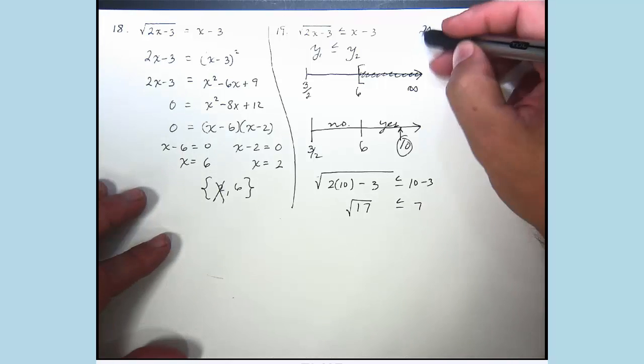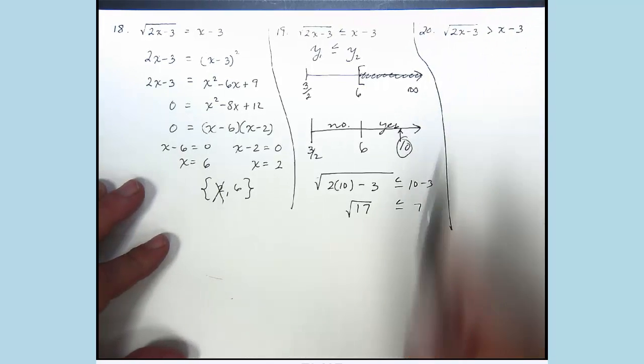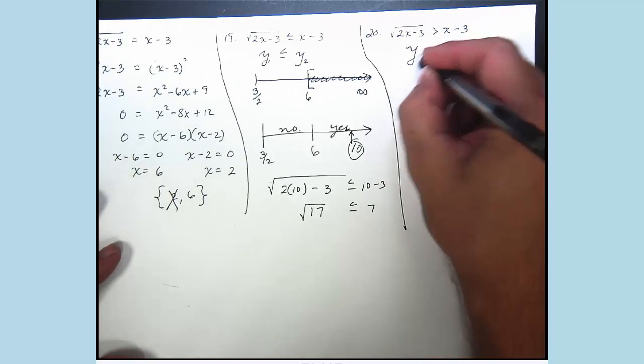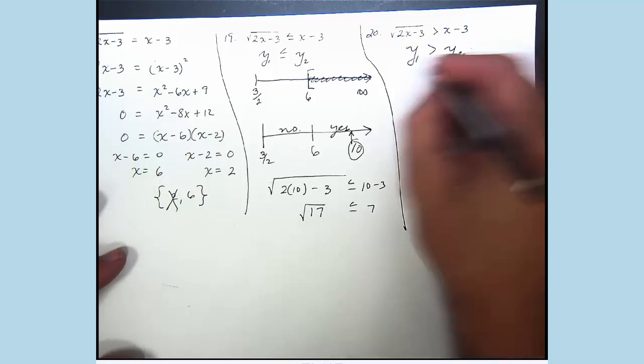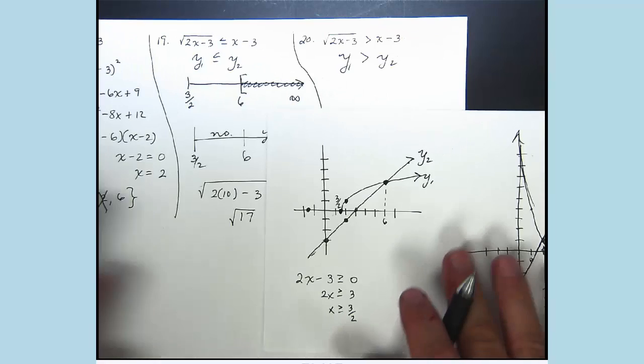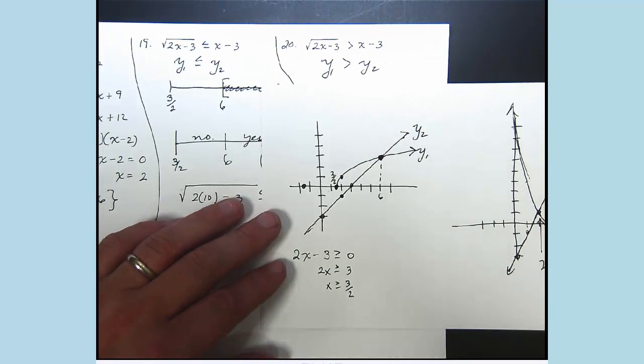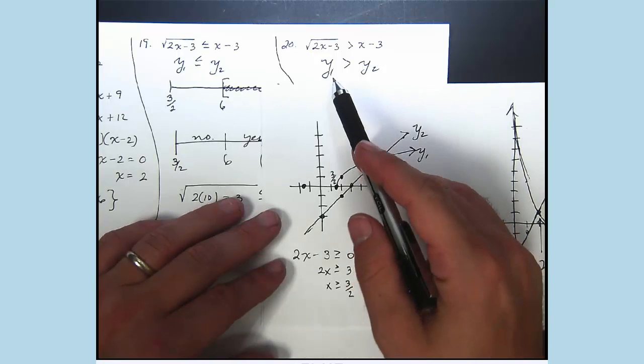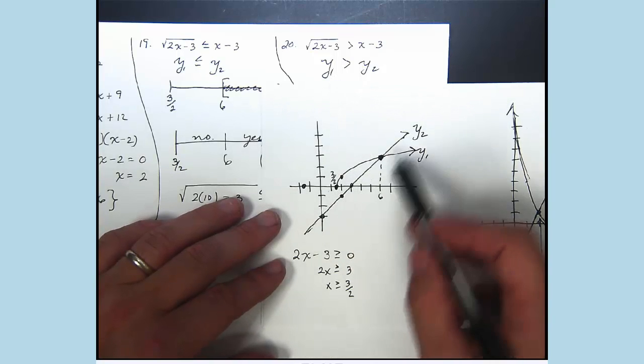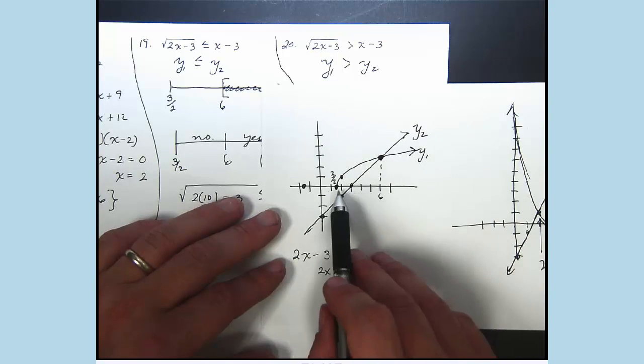Okay, let's do the last one here. Here we're looking for where y1 is above y2. Where is the curve above the line? And we can use the graphs I've already drawn. Let me see. y1 is above y2 before 6.